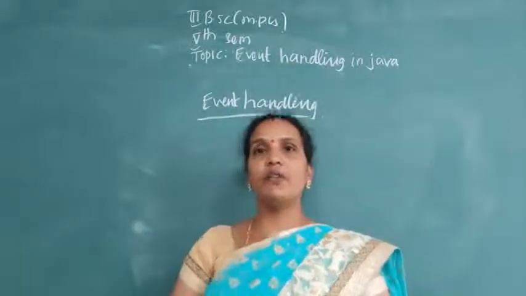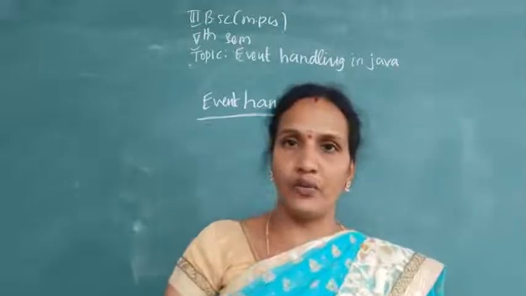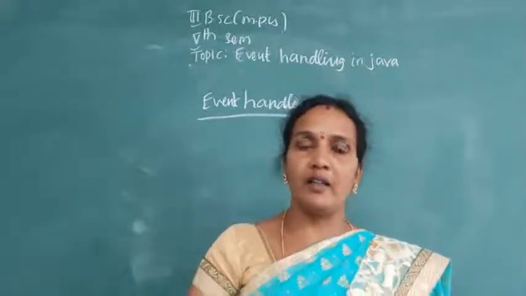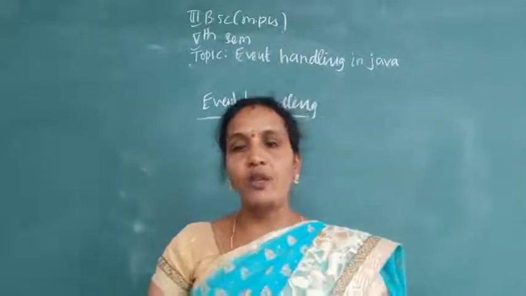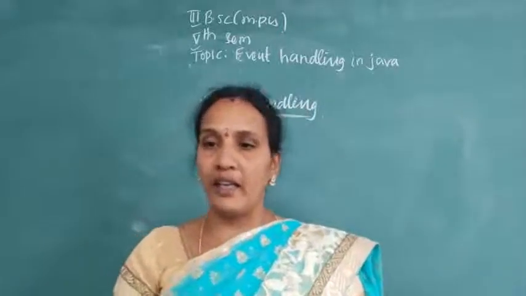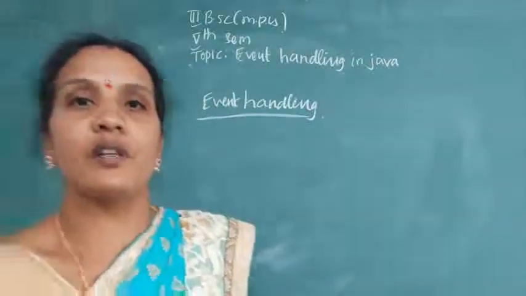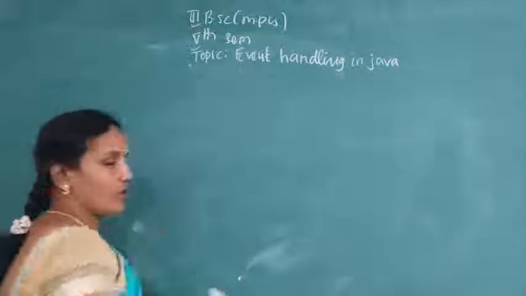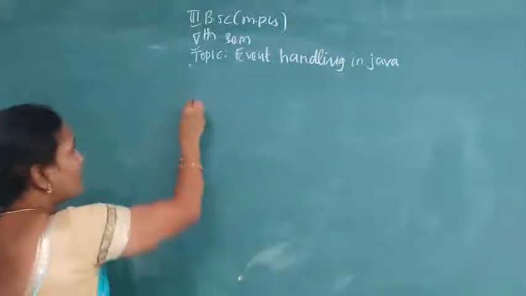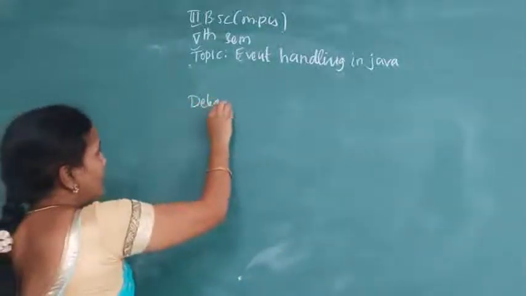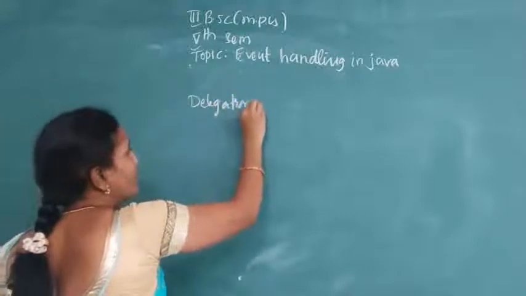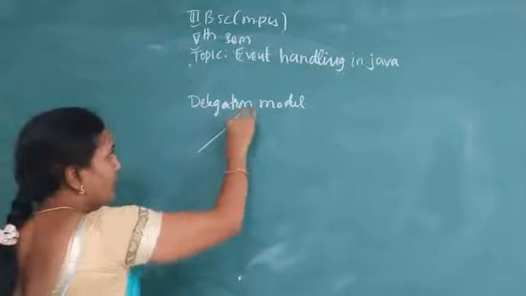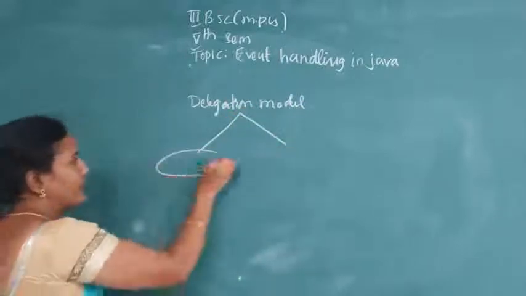Understood? So whenever the user is performing any event on the form, there should be an appropriate event handler to handle that event. So in order to handle the event generated by the user on the form, Java is using the delegation model. Java is using the delegation model. In the delegation model, we have two components.